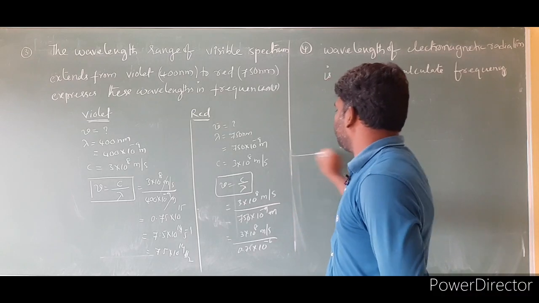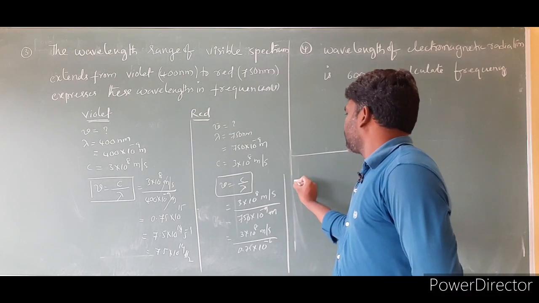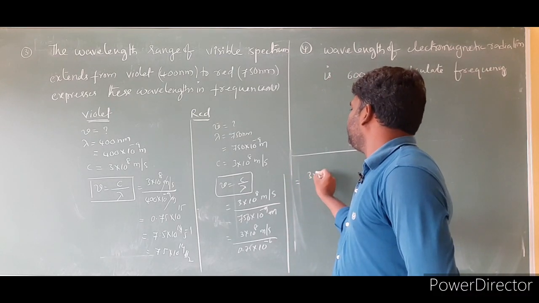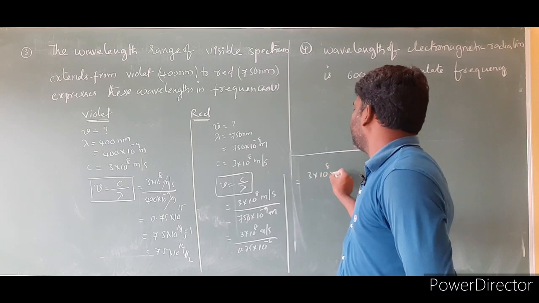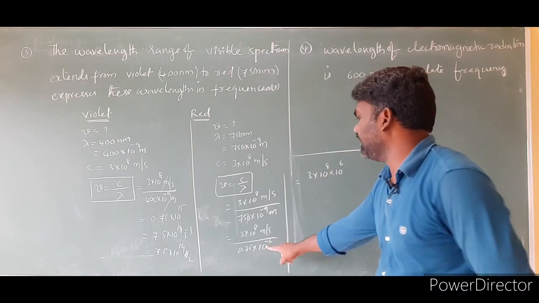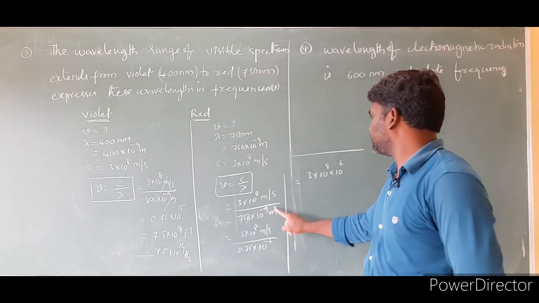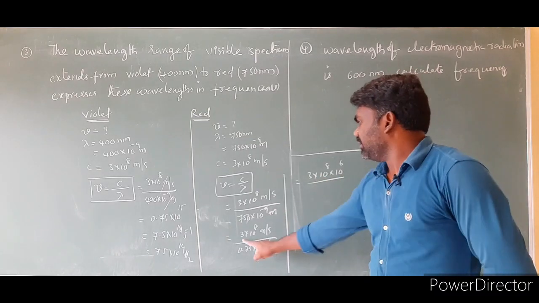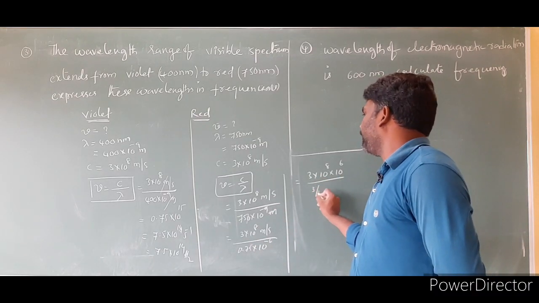Then the answer we are going to get is 3 into 10 to the power of 8 into 10 to the power of 6, transposed to the numerator it becomes plus 6, by 3 by 4.